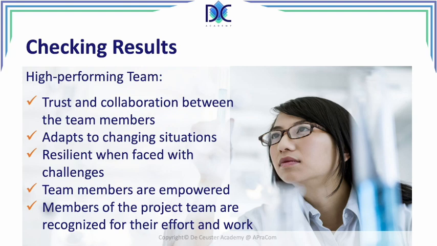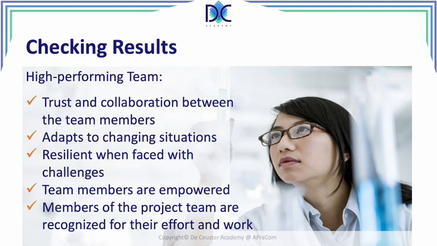Recognition is very important because saying thank you is one of the simplest ways to reward people, but it's one of the things that are typically forgotten. So when the team members are recognized for their work and effort, then we have another parameter confirming that the team is a high performing team.